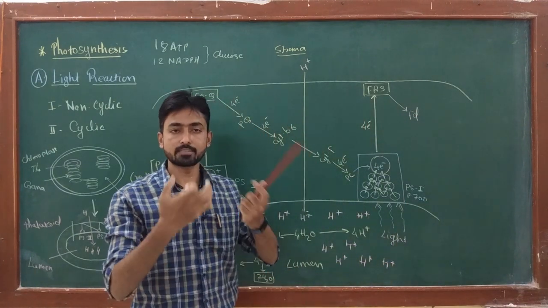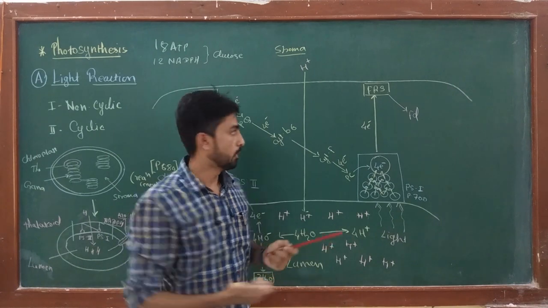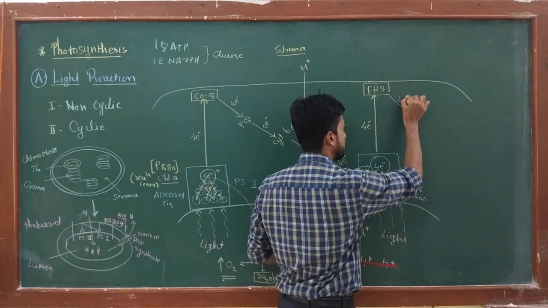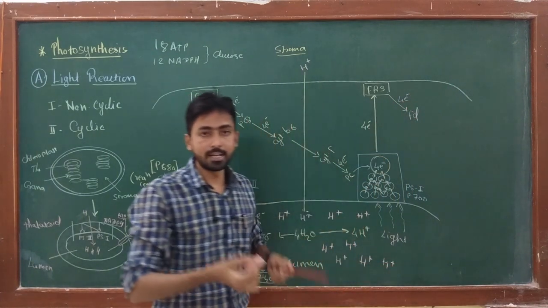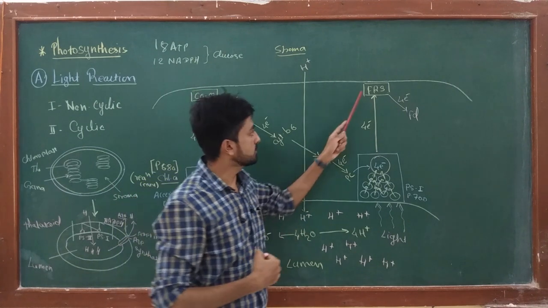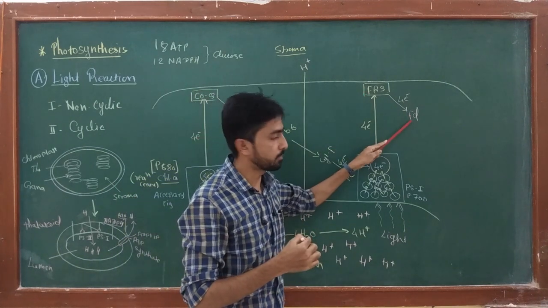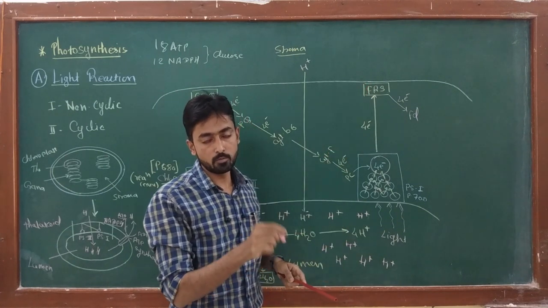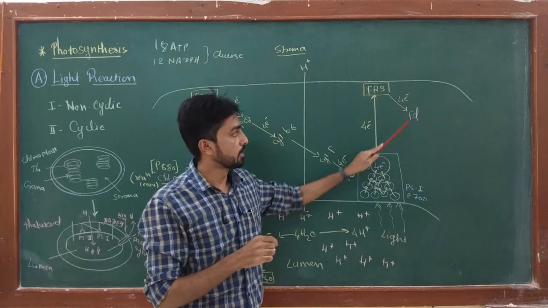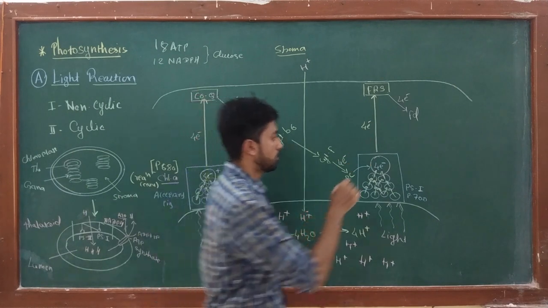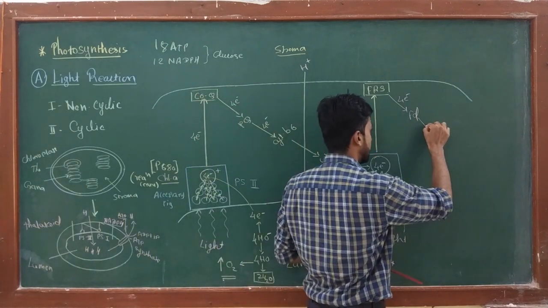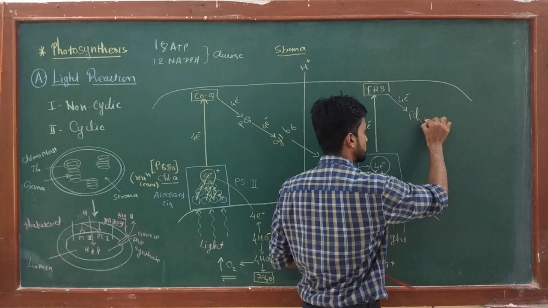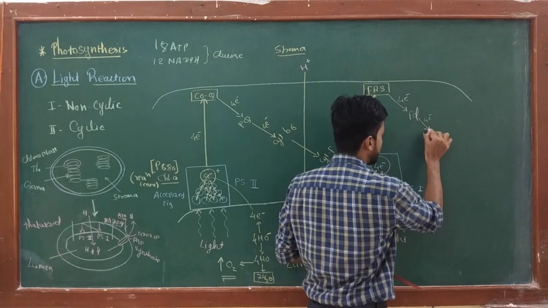When any substance accepts an electron, it gets reduced. When the electron is accepted by ferredoxin, it gets reduced. So this substance is helpful for reducing Fd, so it is called ferredoxin reducing substance. It plays a role in reduction of ferredoxin, and finally from ferredoxin the electrons are transported to NADP.